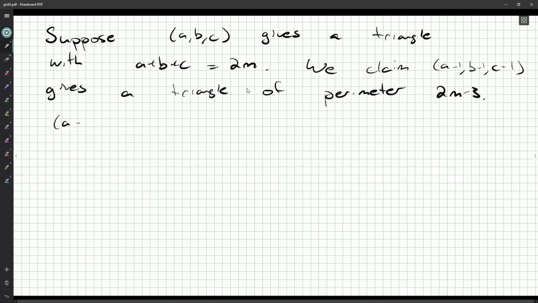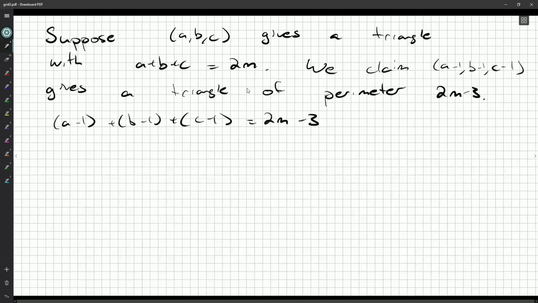So it's clear that the values add up. That's what made this so attractive. But now I'm starting to doubt things. Just because c is shortened by 1, but a and b are shortened by 2, and it's possible that the inequality screws up a little bit. So we need to check a needs to be bigger than 2.